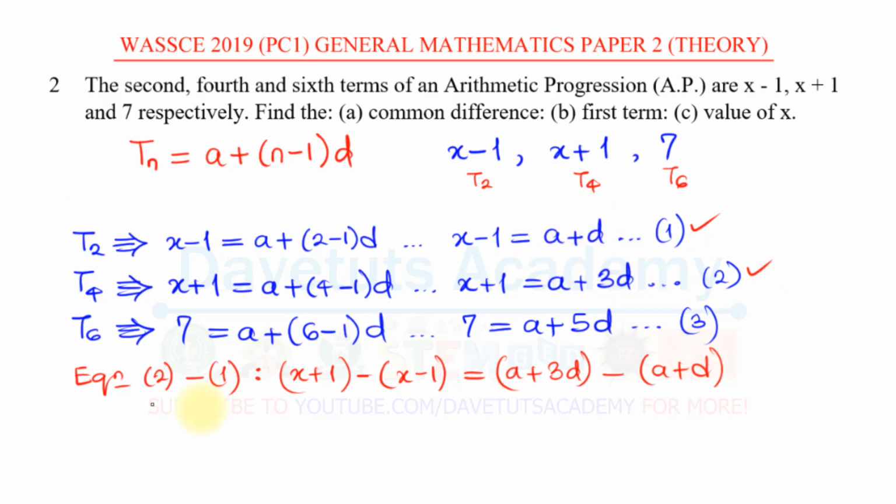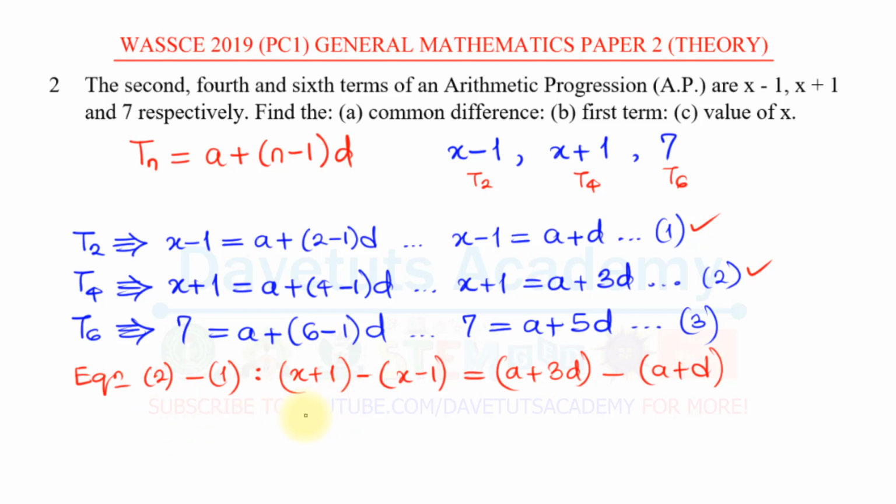All right, so if I'm to simplify this, this x minus x will just knock themselves out, that will be 0. 1 minus minus 1, this minus and this minus will multiply each other to become plus, so I'm going to have 1 plus 1. Let me just even open up the bracket.